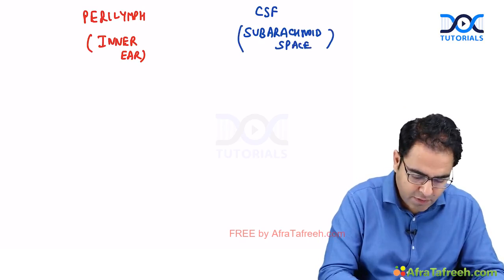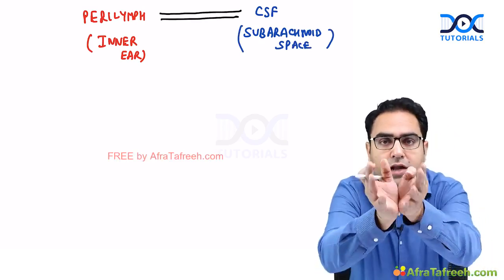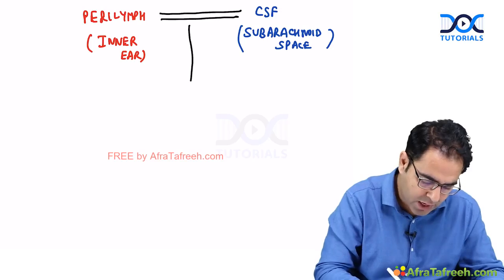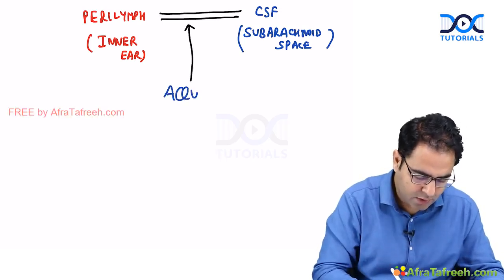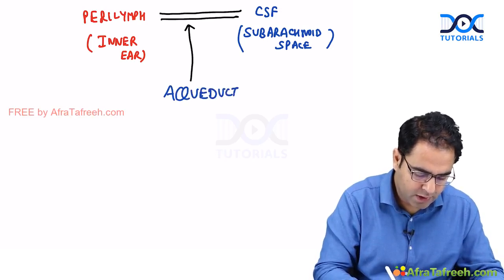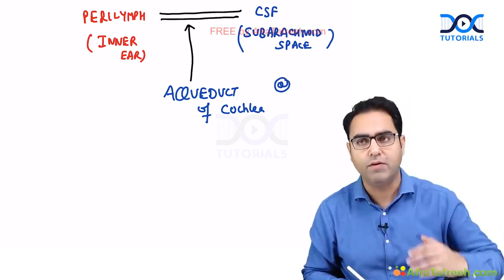Perilymph and CSF are connected with a bony channel which enters the temporal bone to reach the inner ear, and this bony channel is called the aqueduct of cochlea. Do you understand? Such an important question of anatomy. Aqueduct of cochlea connects CSF to perilymph.